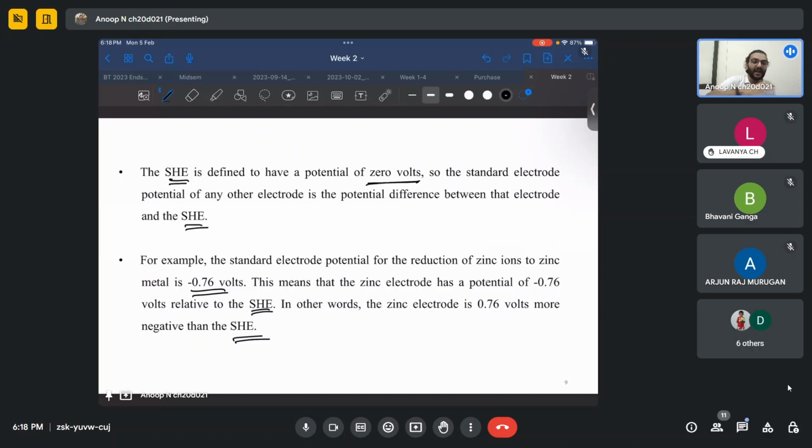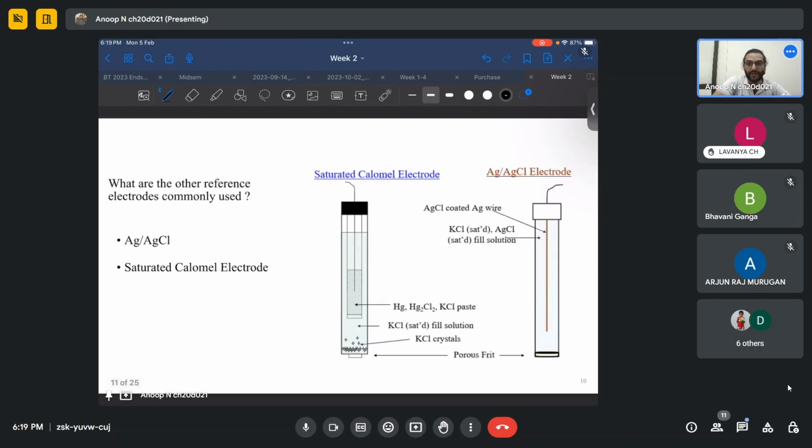These are all different types of representation of how we picturize the cell or electrode potential. As I just said, SHE is normally not used at lab scale; we use some electrodes called AgCl, saturated calomel electrode, etc. These are the schematics for those electrodes.